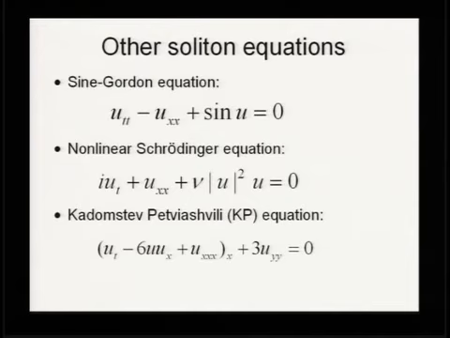Solitary wave, soliton equations have many, many different forms. We can have the sine-Gordon equation, with the sine function. We can have a cubic Schrödinger equation. We can even have still different soliton equations. This equation is spatial, has x and y variables, and this is the nonlinear term.